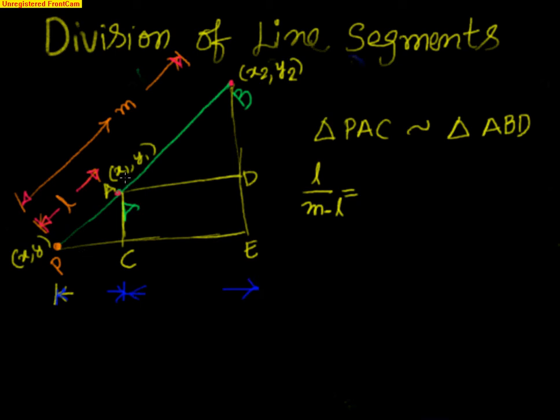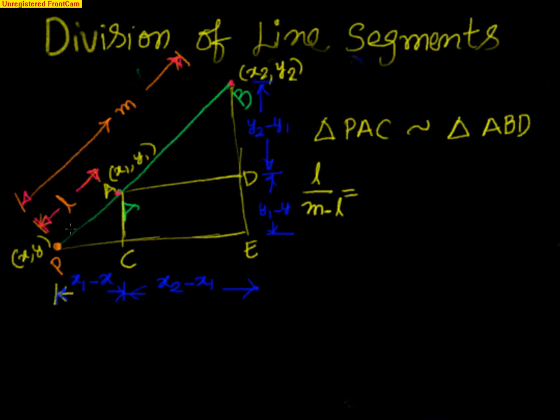This is x1, this is x. So this becomes x1 minus x. Similarly, x2 and x1, this is x2 minus x1. Similarly, in the vertical direction, this is y1 and this is y, so this is y1 minus y. Similarly, this is y2 and this is y1, so this is y2 minus y1.